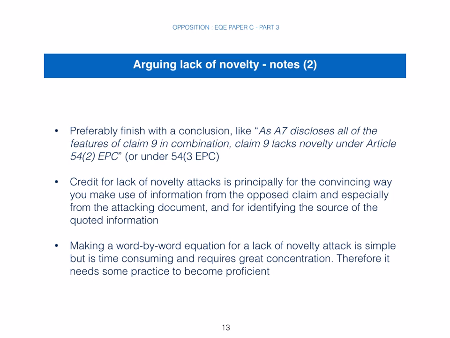You can compare this with the lack of novelty arguments provided by EPO examiners. However, note that the EPO examiner's arguments are often not up to the standard expected in the EQE. Now we turn to a first specimen answer for a lack of novelty attack.